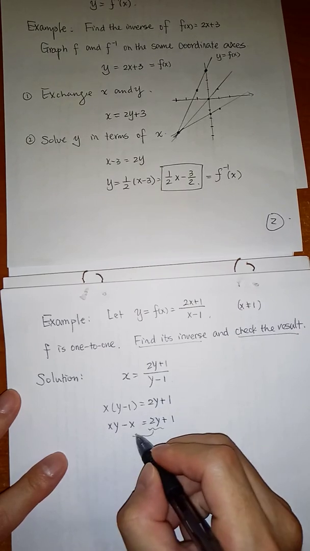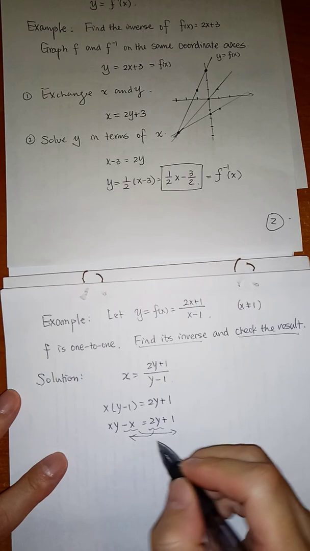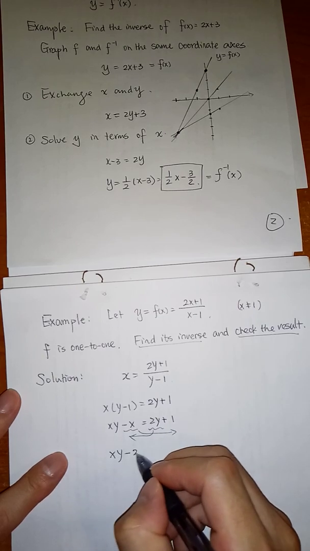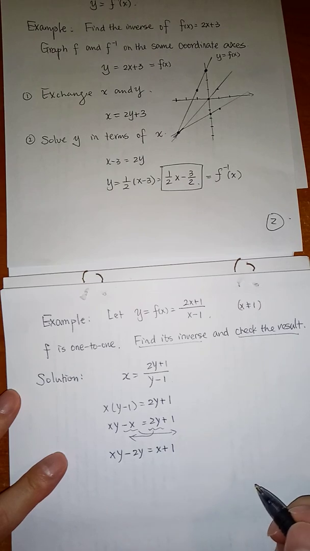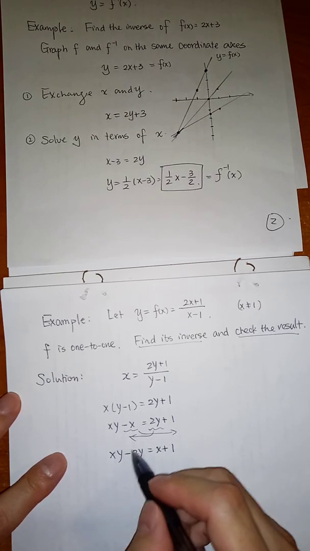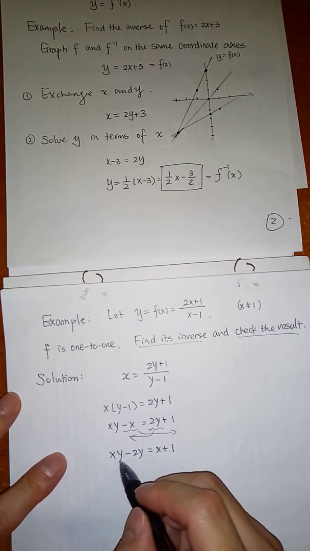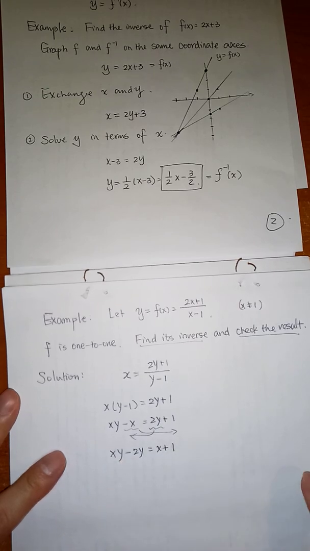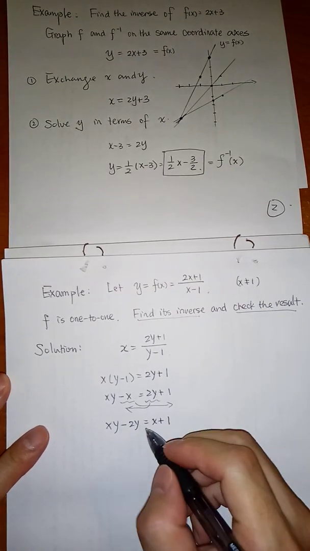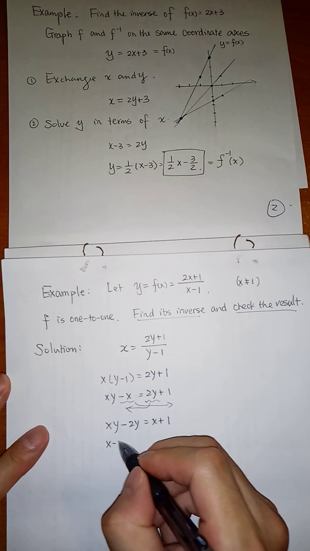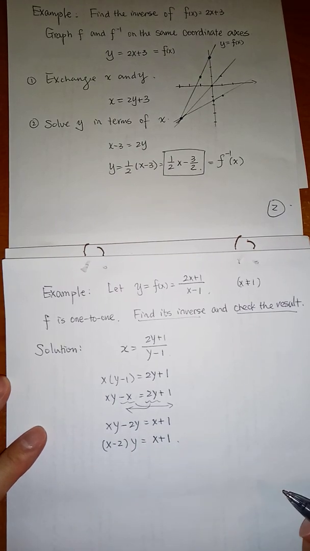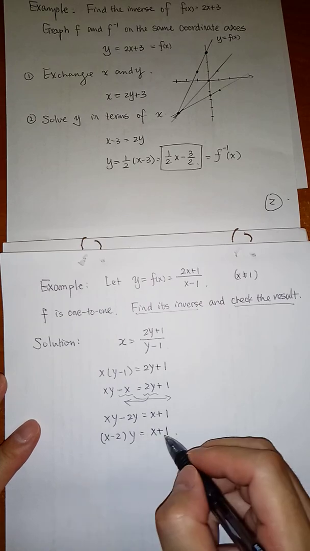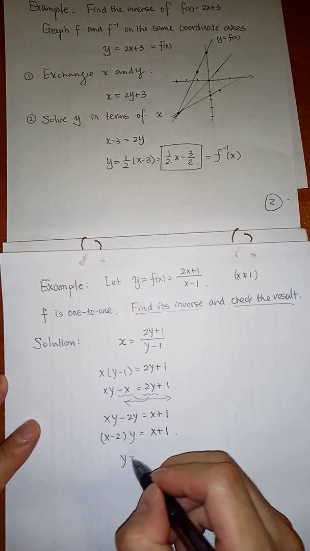We're going to move 2y to the left side, negative x to the right side. Okay, so the left hand side, all the terms contain y. The right hand side, all the terms do not contain y. So you factor out y.